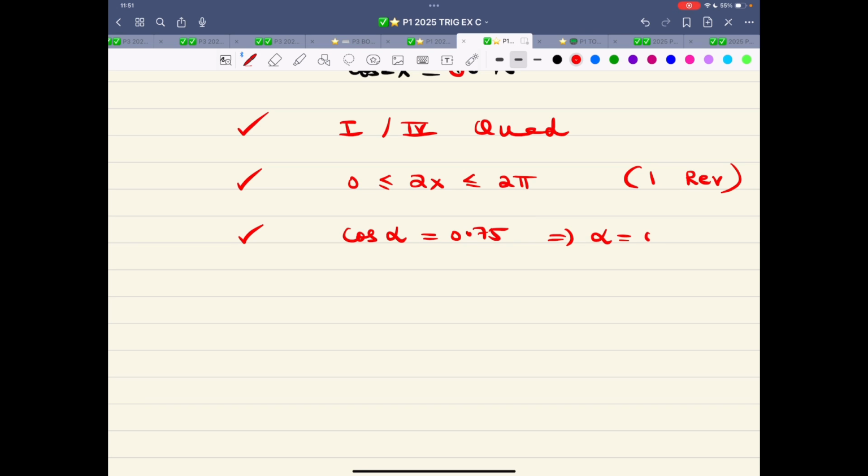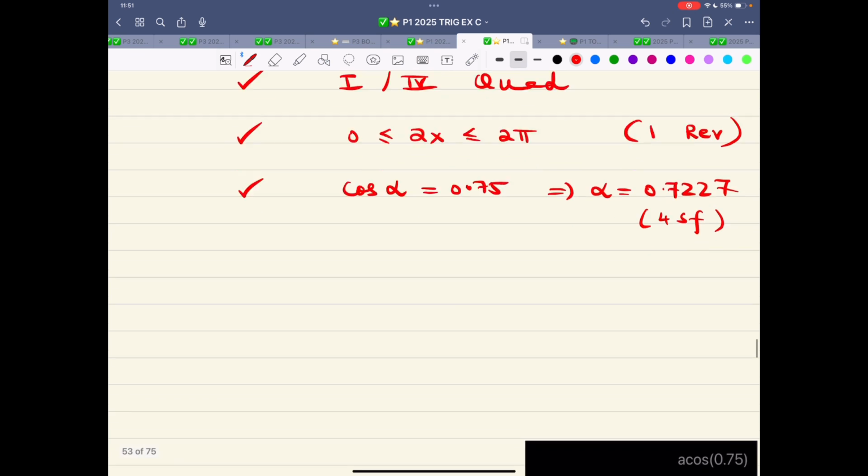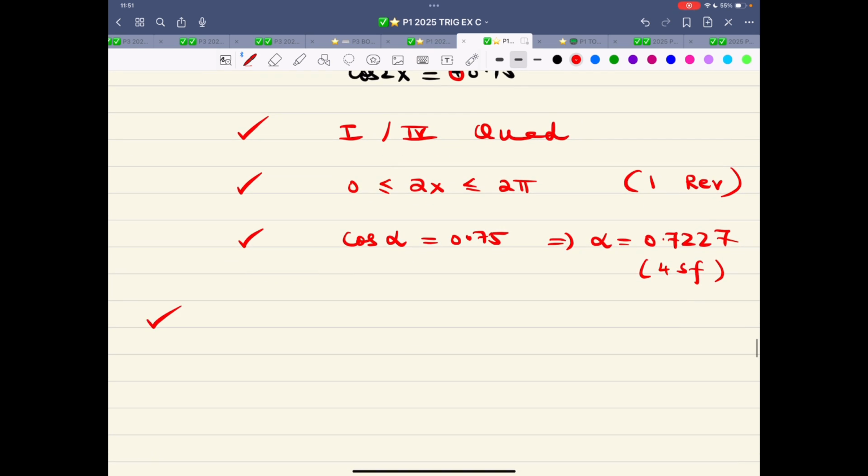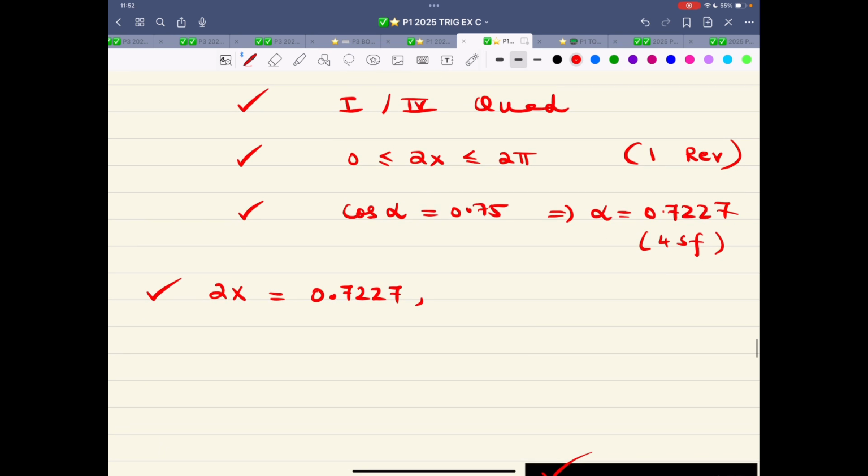Therefore, alpha is 0.7227, correct to 4 significant figures. I have already done the calculation over here. And then working towards the final answer, 2x equals, in the first quadrant, 0.7227. And in the fourth quadrant, this is 2 pi minus 0.7227.